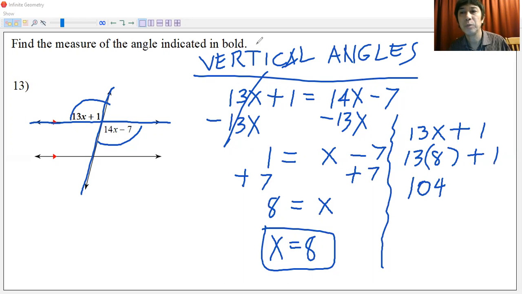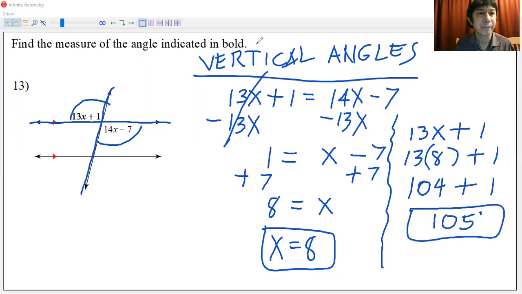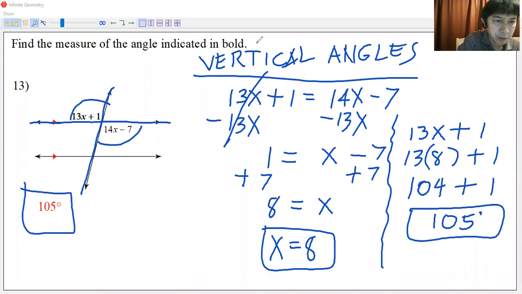That looks like 8 plus 2. We have 104 plus 1. That's 105 degrees. 105 degrees there. And let's see the answer. All right, it's 105 degrees over here. Red numbers there. 105. So this is correct. And that's it for vertical angles.